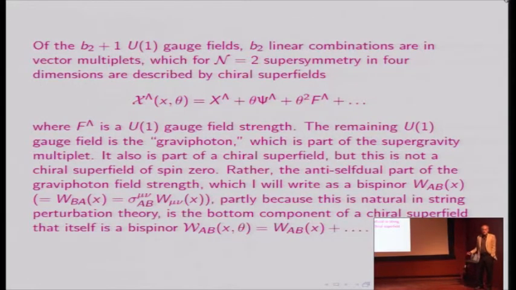The details of this are not too important for the lecture, except all you have to know is that there are these chiral superfields that describe all the gauge fields but one. But there's one gauge field that's in the supergravity multiplet, and it's in a different kind of chiral superfield. So in the rest of the lecture, when you see curly W, it contains the graviphoton, and when you see curly X, it contains all the other U1s.